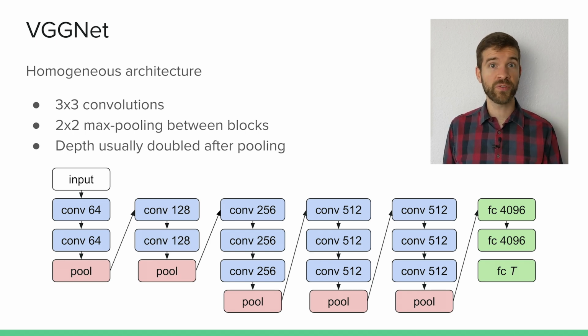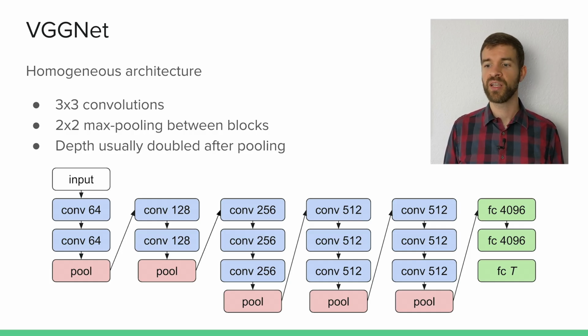Then we have 3 convolutions next to each other that are processed sequentially, and then the pooling. At the end, we have really large, fully connected layers, 2 layers that have 4096 features as outputs, and then the final layer that has the number of classes as outputs.